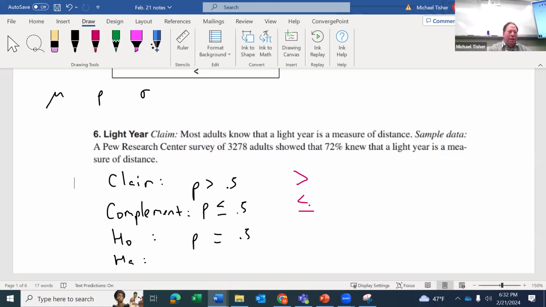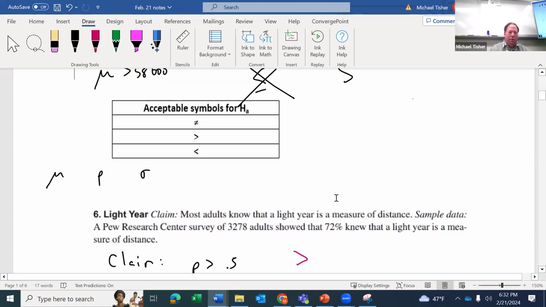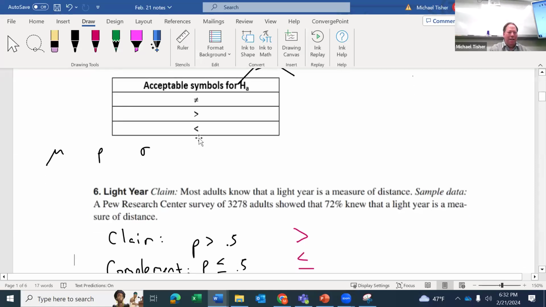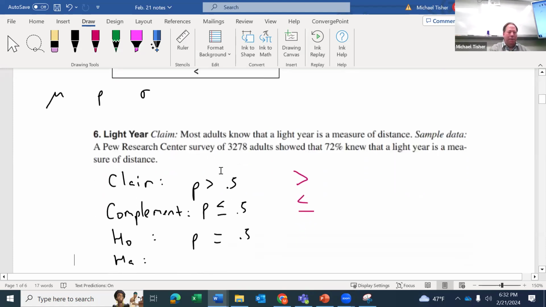So here's the table of acceptable symbols for HA. It's either a not equal to or greater than or less than. So what can the HA be in this situation? Greater than, yes. Okay. So is greater than in the table? Yes. Is less than or equal to in the table? No. Okay. So greater than is the only thing that can go in the HA in number 6.